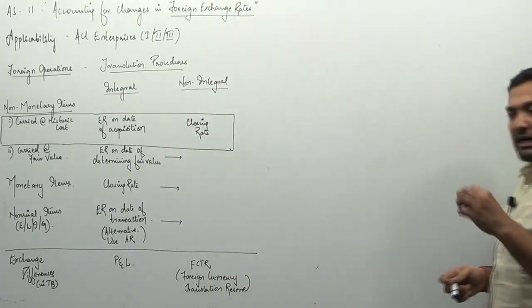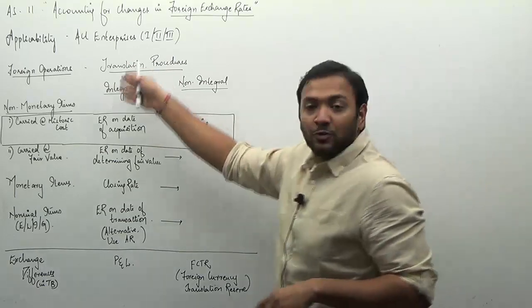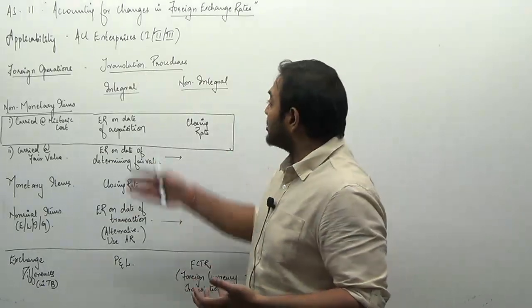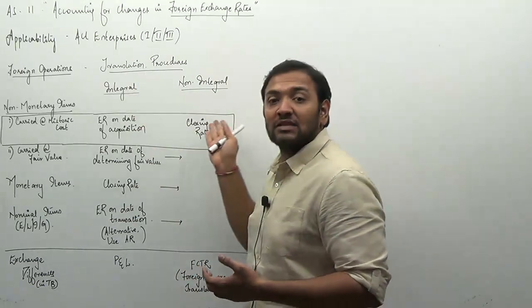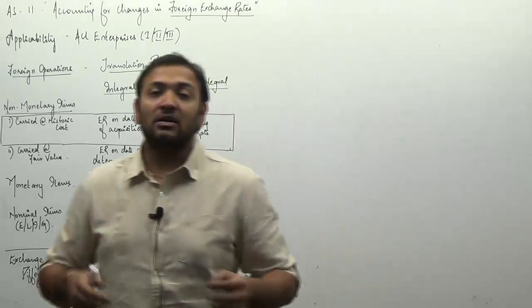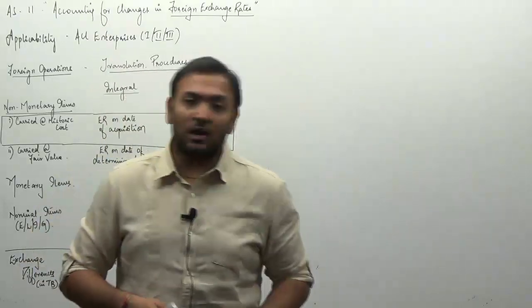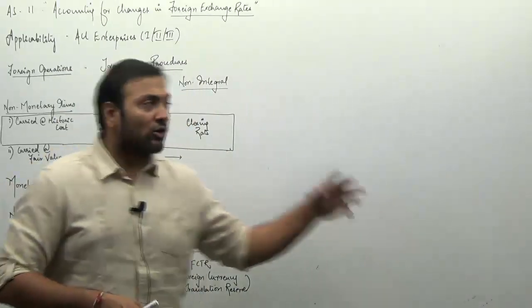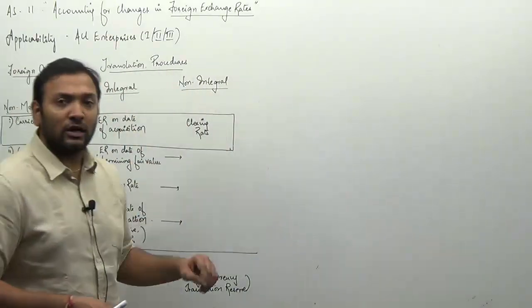Let's say it was a dependent branch initially, so it was put under an integral foreign operation. Subsequently, as the operations grew, it started being classified as non-integral because it started conducting its own operations without any dependence on the head office. So from a dependent organization, it became an independent organization, moving from integral to non-integral.